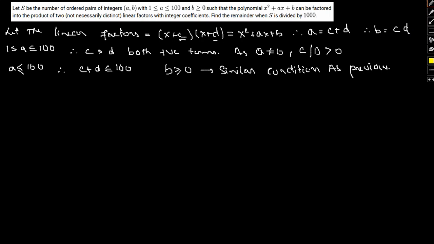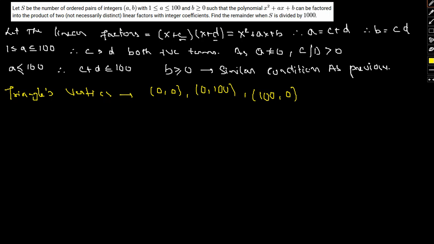Essentially, if we plot the solutions, we get a triangle on a coordinate plane with vertices (0, 0), (0, 100) and (100, 0). Because a plus b has to be at most 100, we have taken the extremities of the same. So the triangle will be something of this sort.